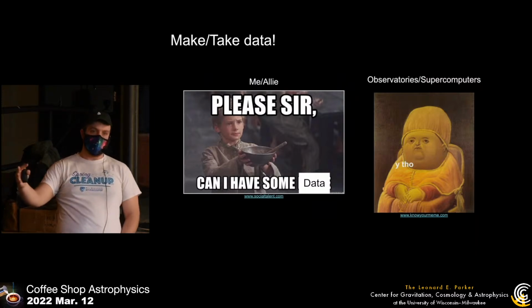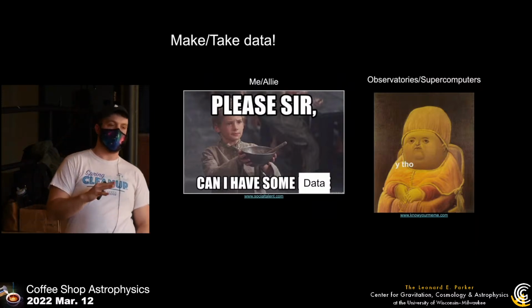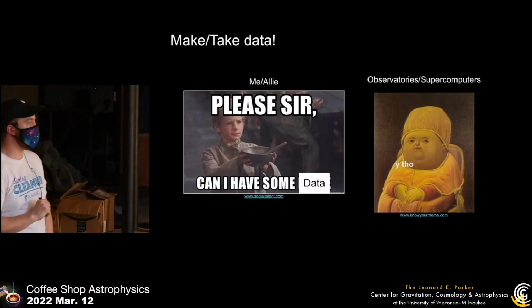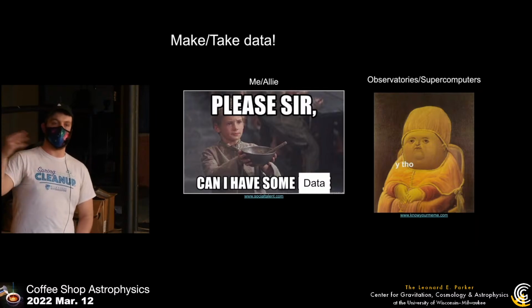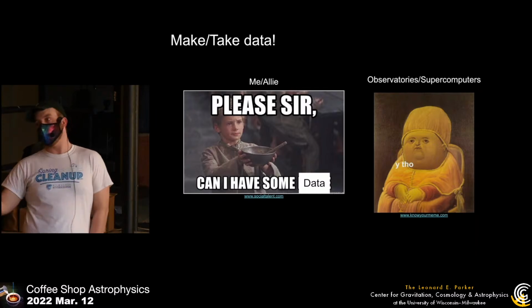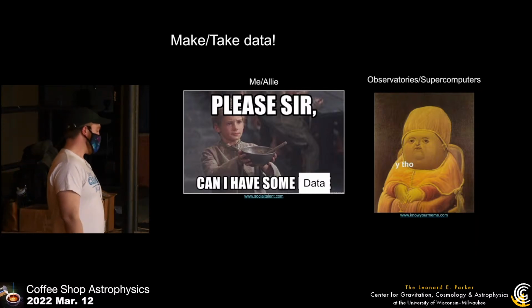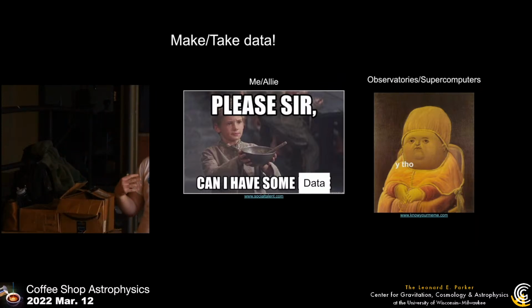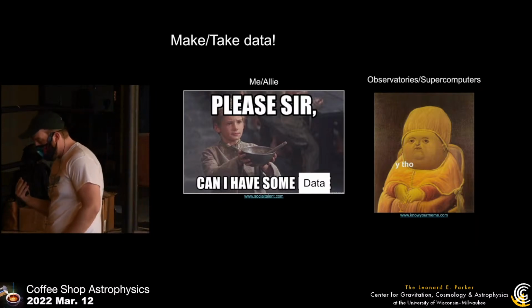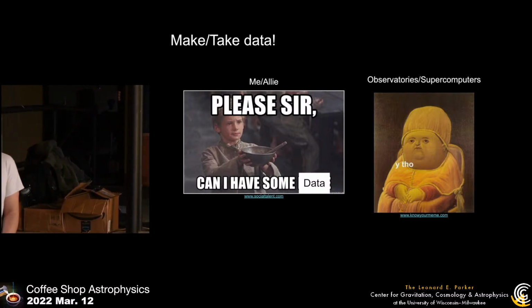So now we've established what our experiment is going to be. We figured out what we want to observe, how we want to observe it. Now we beg our observatories or supercomputers to do our experiment, please. So we have to write proposals where we tell them what it is we want to observe, how we want to observe it, and most importantly, why we want to observe it.